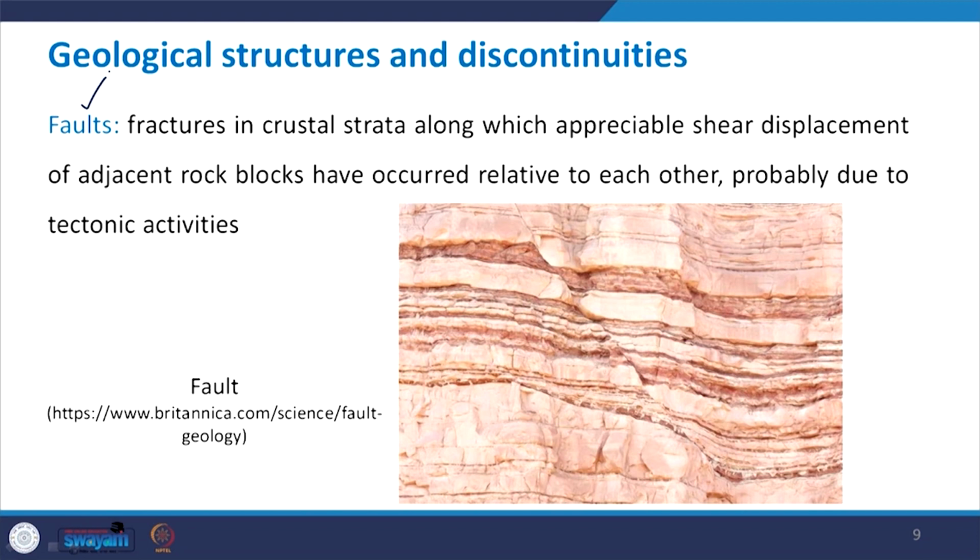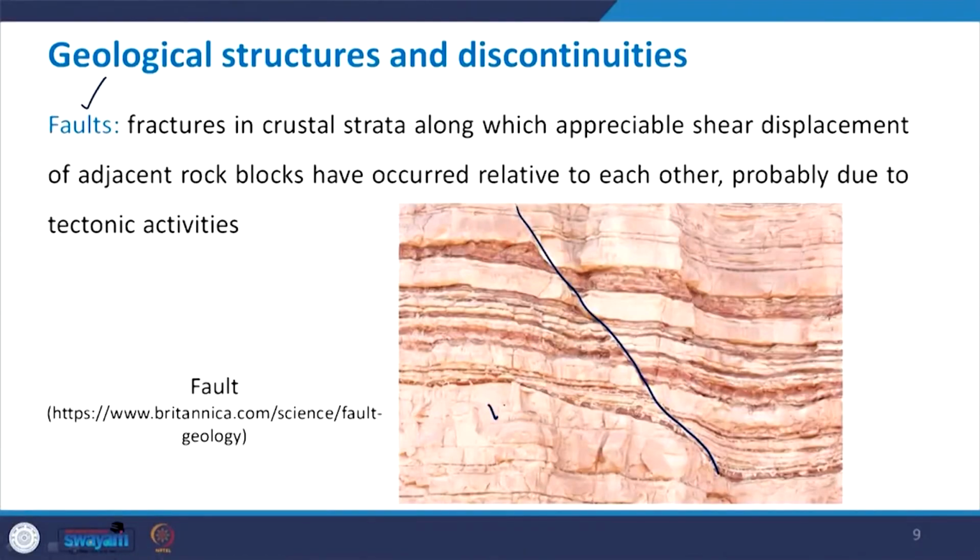Here is a picture which shows the fault very clearly. Can you see that? This is the fault plane, and along this the shear displacement of the adjacent rock blocks, that is this block and this block, has taken place. Like you see, it was at this location and it has come to this. So, this much has been the displacement.